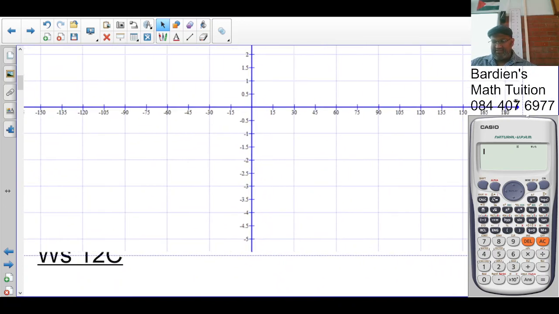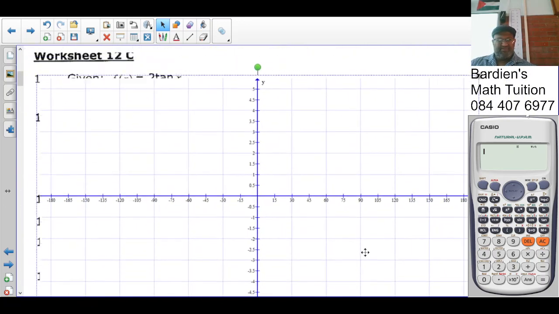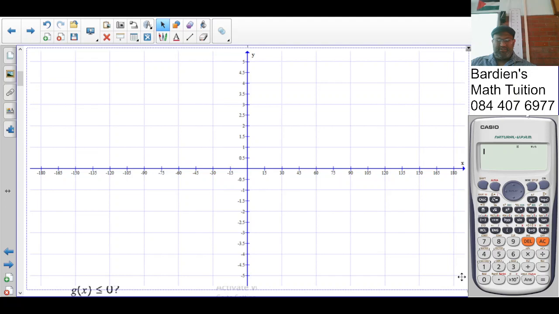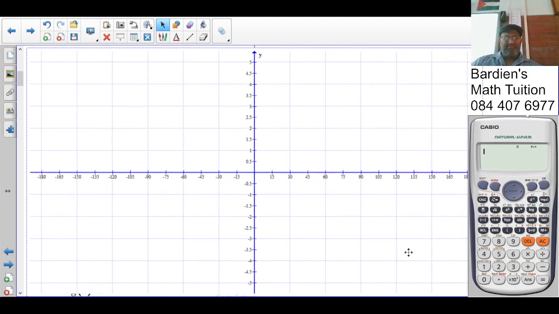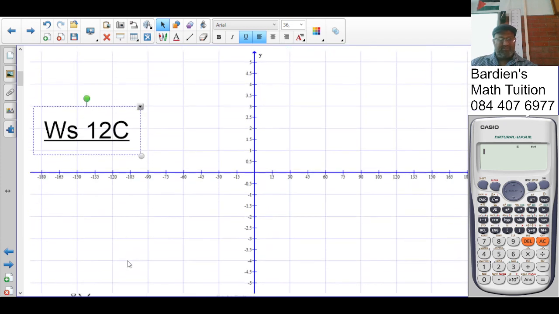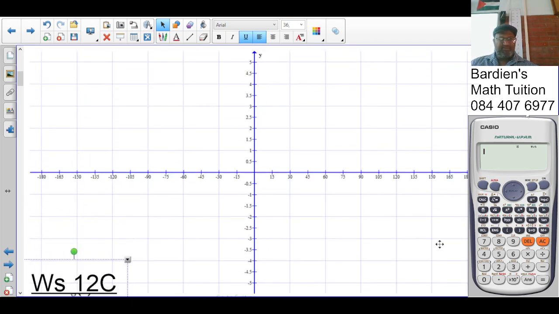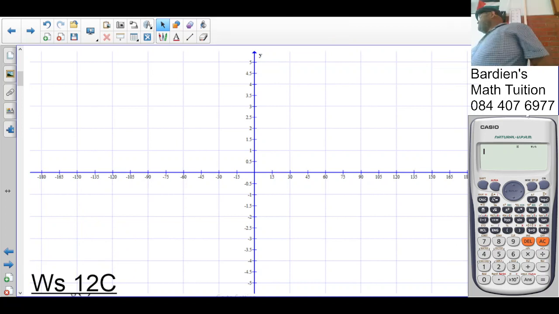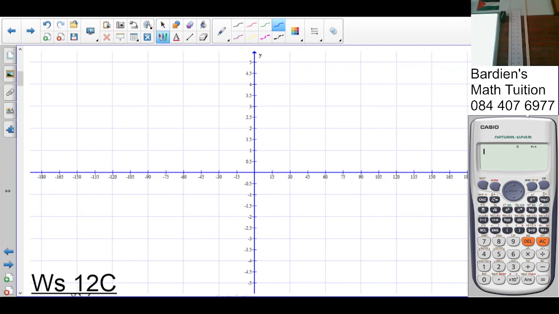Alright, let's see. So we needed to draw the 2 tan x graph. Let's put it here so that you know where it's coming from. So we're drawing the 2 tan x graph. So tan of 0 is of course 0.